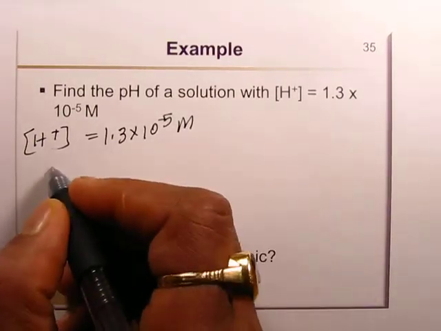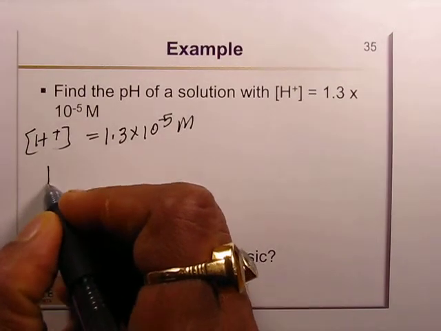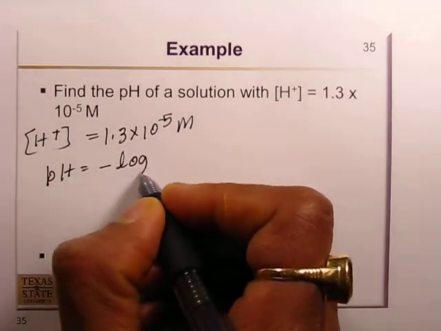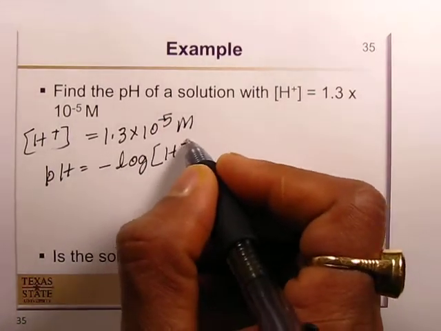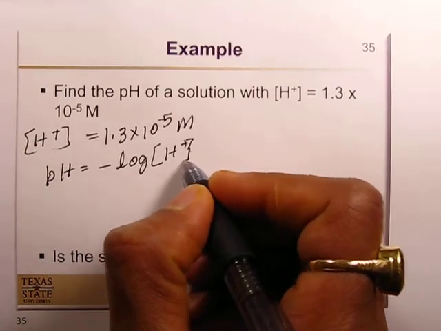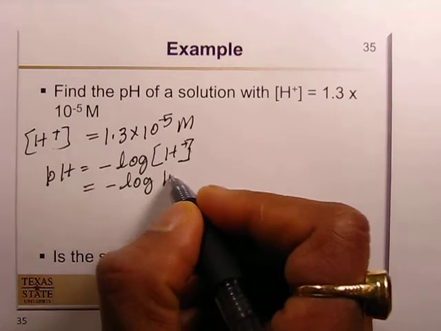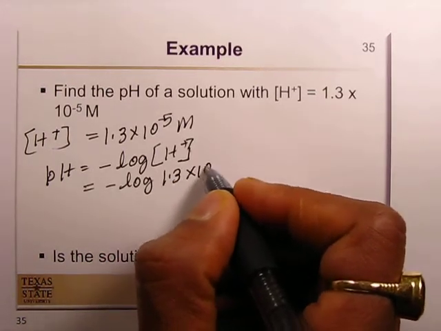We can take a negative log. pH means negative log of hydrogen ion concentration. So we take a negative log of 1.3 times 10 to the power minus 5.